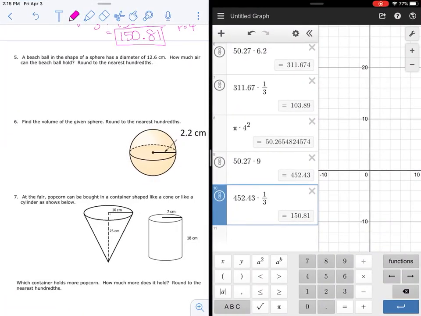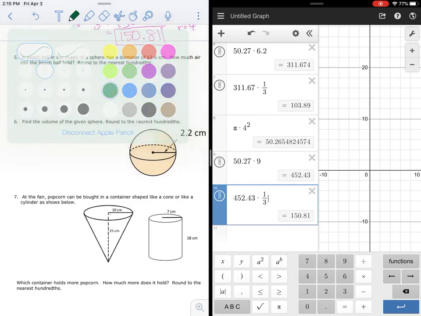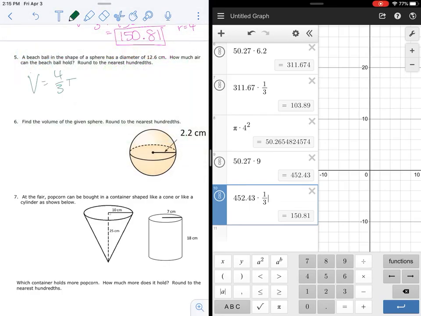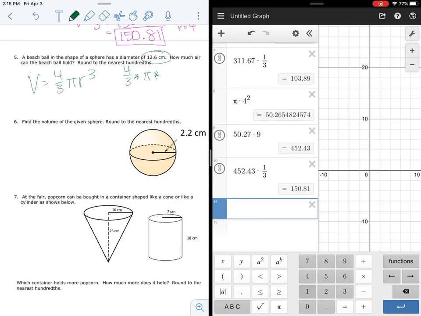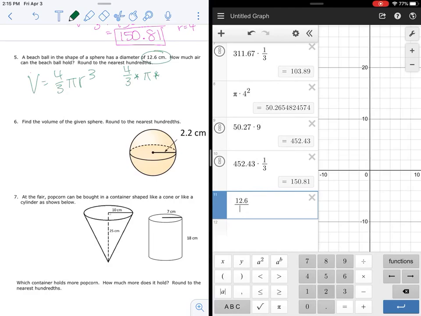So I'm going to do V equals 4/3 times pi times r to the 3rd power, and I'm going to just plug in all of my numbers. So we just do 4 times pi times the diameter is 12.6, making the radius, if you just cut that in half, divide it by 2, it gives you 6.3, and just make sure it's to the 3rd power.